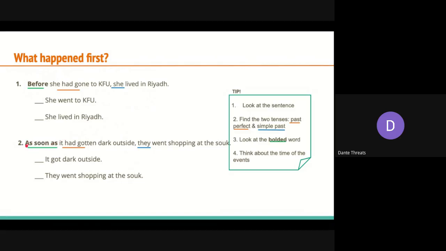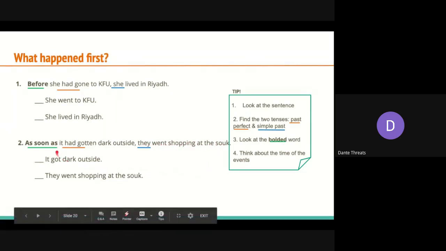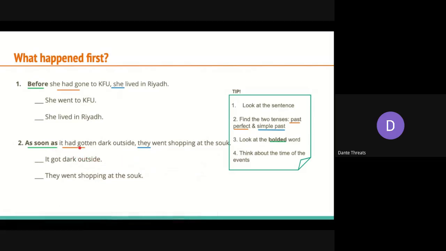Also, number 2, as soon as it had gotten dark outside, they went shopping at the souk. Okay. So, "as soon as" is the bolded word. You have past perfect and you have the simple past. Simple past would be here, right?